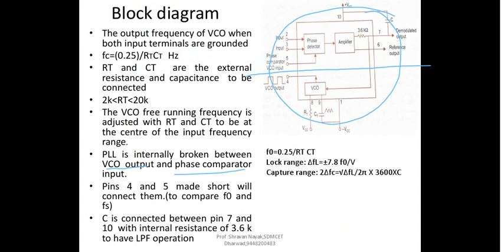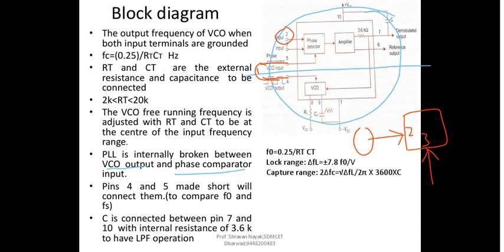What I mean to say here is, if I connect this VCO output to the input of your phase comparator, the phase comparator has one input, say pin number 2, and another input, pin number 3. Pin number 2 is where the actual reference signal is going to be connected, to which the entire system frequency has to be locked.